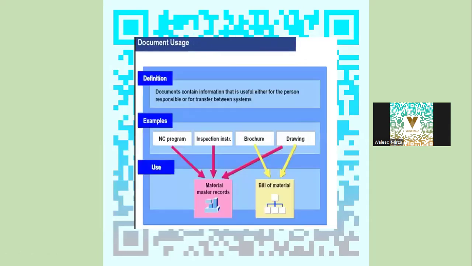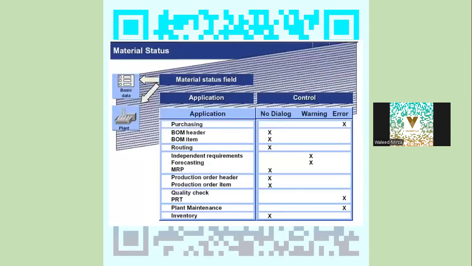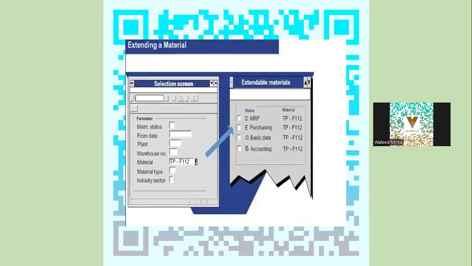Usage of material master: it is also used in bills of material. We'll see that. Material master records are used in different departments. Status fields basically, if you're using it for purchasing, header, MRP, then of course there are some checks in the system that will give you either an error, a warning, or nothing at all if these checks have to be taken care of.